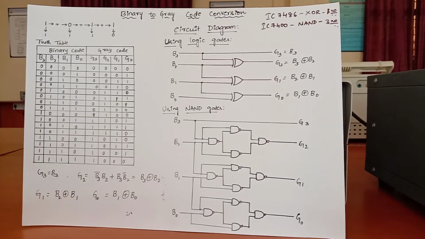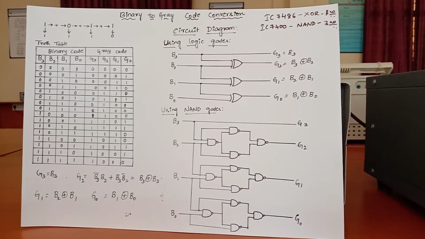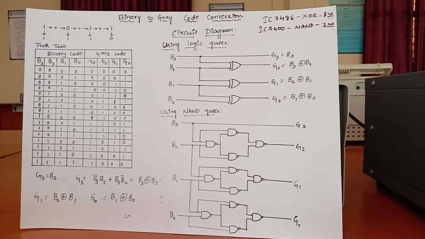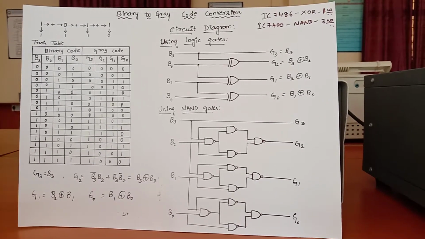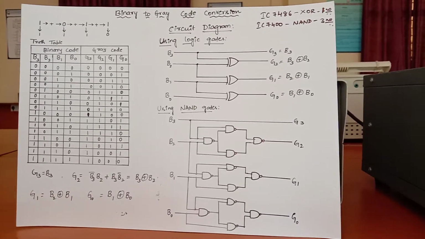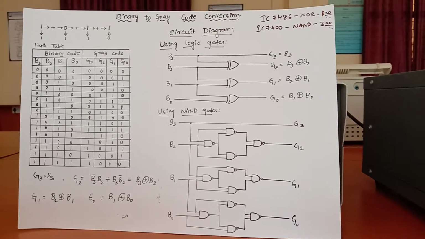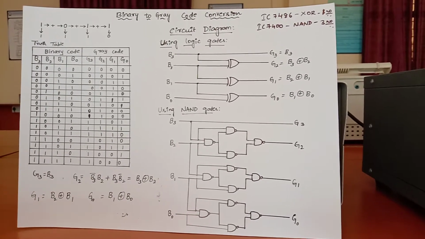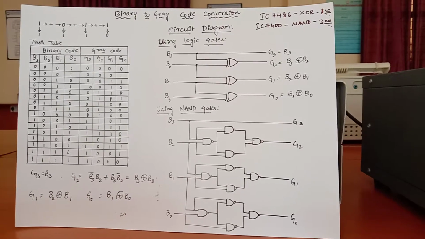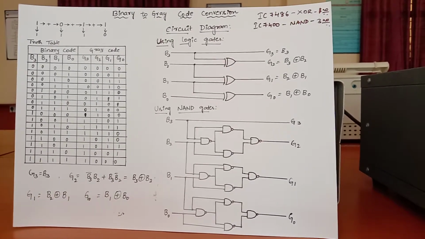Coming to the applications of gray code, it is used in analog to digital converters, and in digital communication for error correction. As I told you, only one bit changes from one number to another, so it is used for error correction.